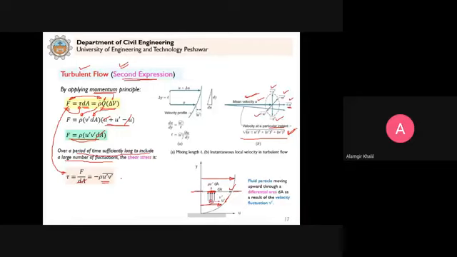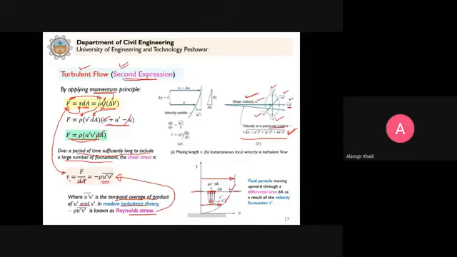This term, u dash v dash bar, is the temporal average of the product of the two velocities, and in modern fluid mechanics turbulence theory, it is known as the Reynolds stress, because Reynolds was the first person who gave us this basic concept. Because it is a shear stress, it has stress units. That's why this term is known as Reynolds stress.